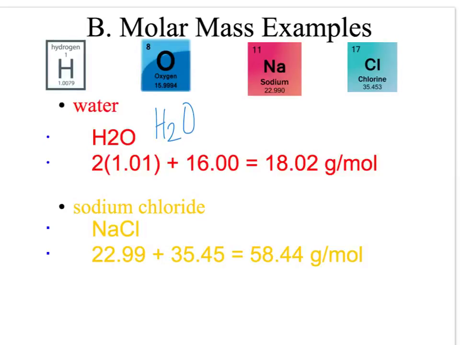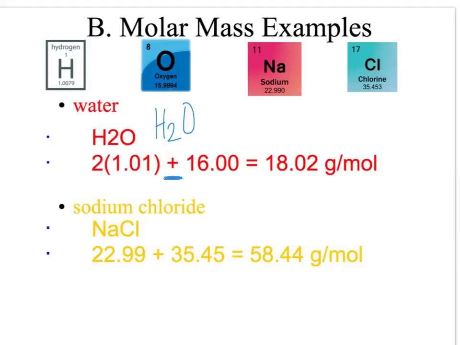So I'm going to go look at my molar masses. If I take hydrogen, it rounds to 1.01, and since I have 2 of them, I'm going to say 2 times 1.01 plus, and that's important because if you multiply these together, you will get a super big molar mass, which won't be correct, and then plus oxygen. If I look at oxygen, it's 15.9994.